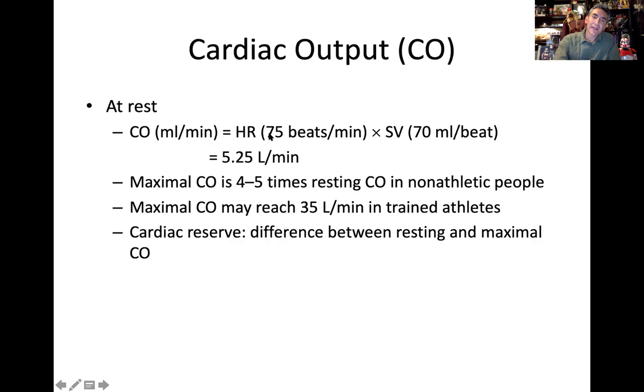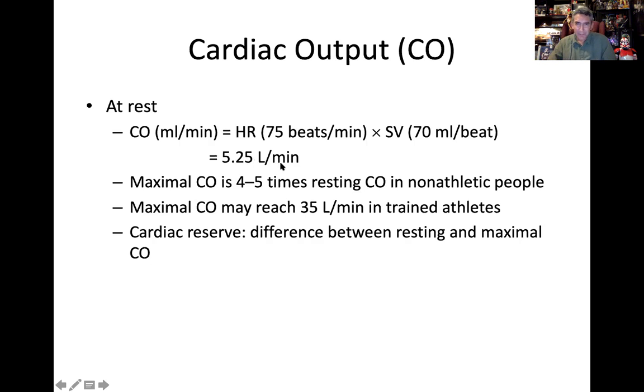And we multiply it by the 75 beats per minute. And if we multiply that, you get a big number, but if you notice here, they're presenting it in liters. So I think that makes a little bit more sense, the liters. So we move our decimal. So we're now looking at liters. So 5.25 liters per minute.